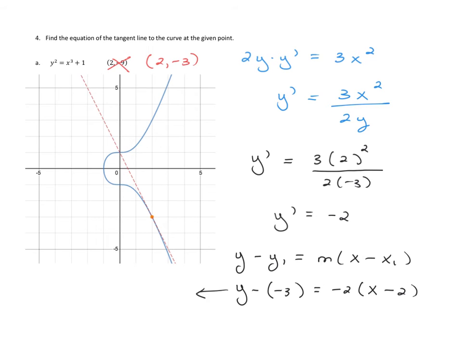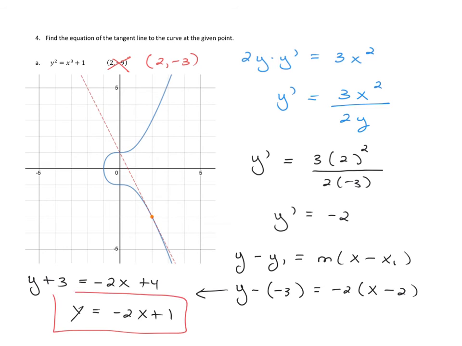If we simplify this a little bit, we get y plus 3 is equal to negative 2x plus 4. And if I subtract 3 from both sides, I get negative 2x plus 1. And that matches up with this graph. Here it has a y-intercept of 1. It looks like it's going down 2 and over 1, negative 2 slope.